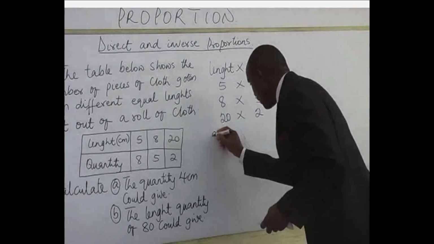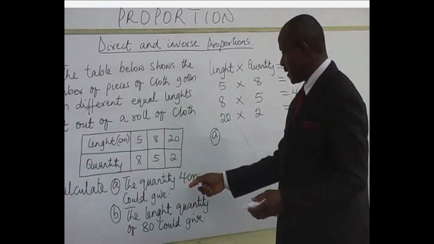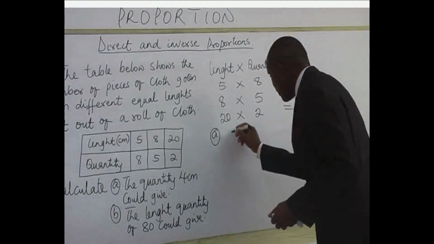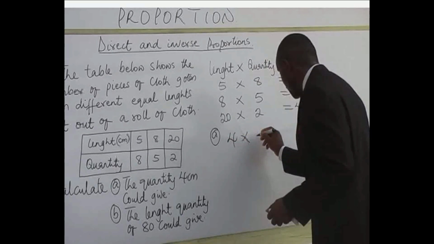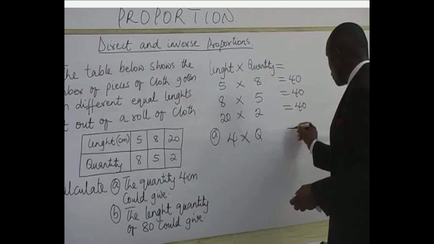Question A says that the length is 4 centimeters. So just write 4 centimeters times quantity. Let's use Q to represent quantity. It's supposed to be 40.